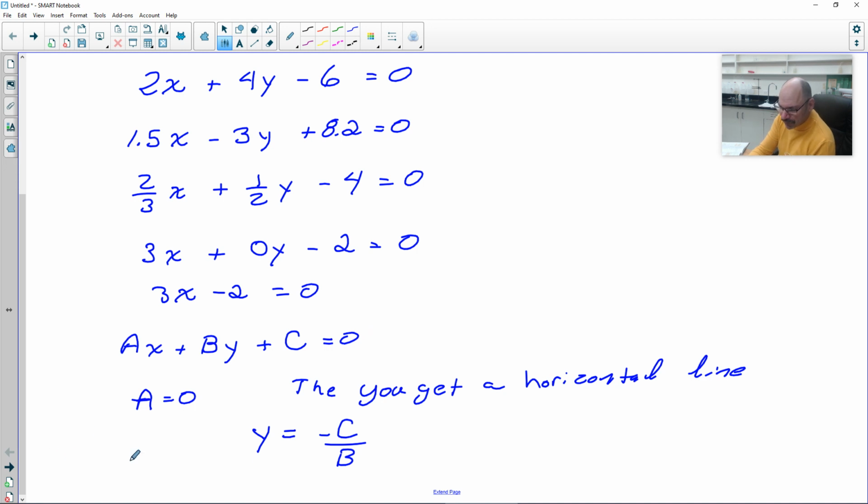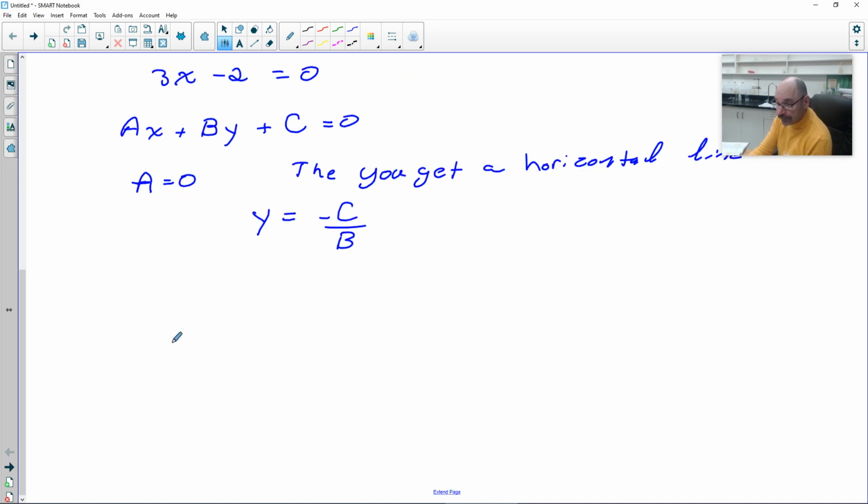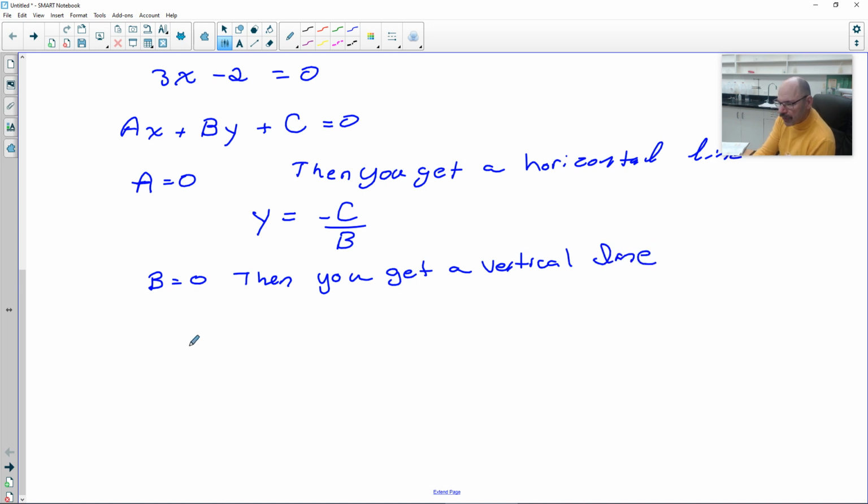If b is 0, you get a vertical line. If b equals 0, then you get a vertical line. So what does that do?